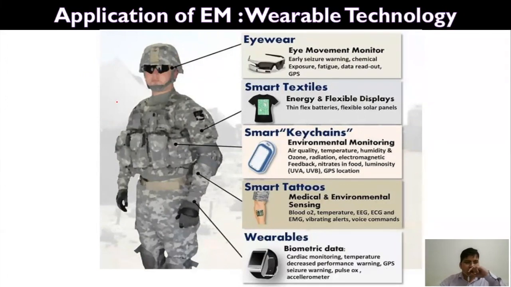That is wearable technology. You are seeing here a soldier wearing smart eyewear which can capture something. Maybe some camera may be there, some GPS may be there, data readout is there, and it can collect some data and send it immediately to its reporting head and its unit.